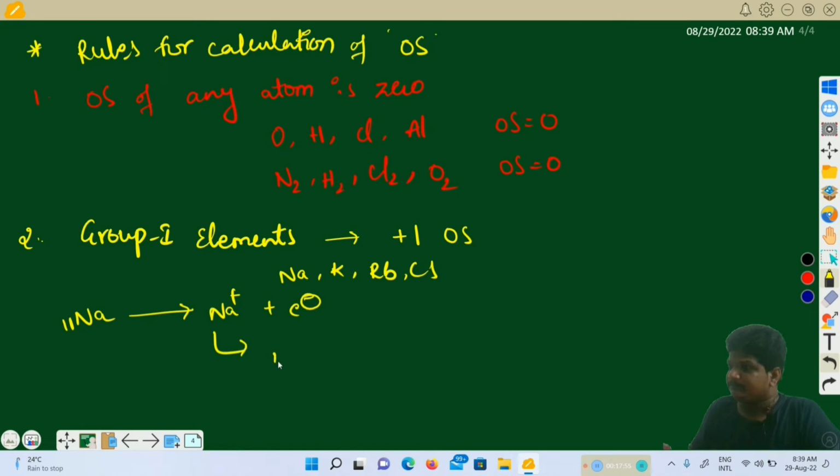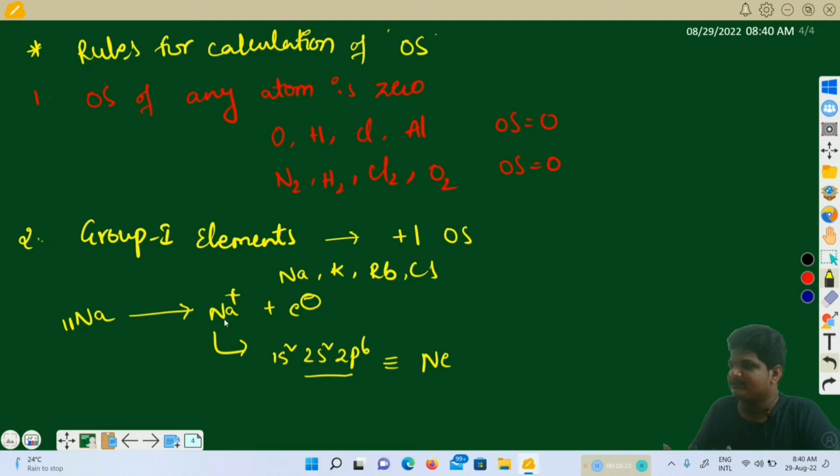This Na plus ion has the electronic configuration 1s2, 2s2, 2p6, which is equal to the inert gas neon. That's why this electronic configuration is more stable in the Na plus ion, so it can show only +1 oxidation state.